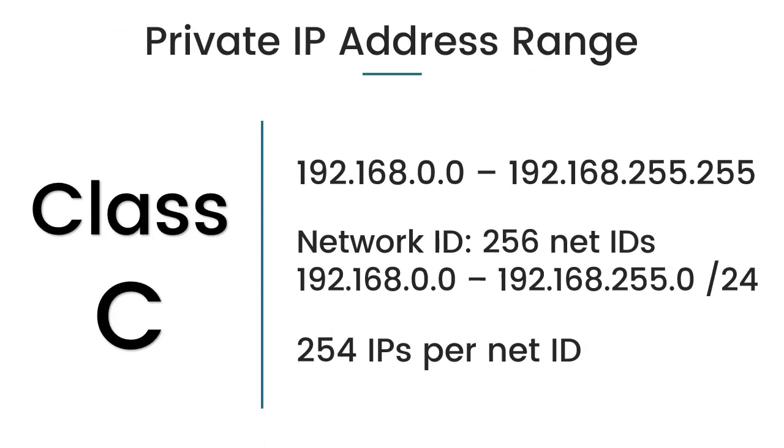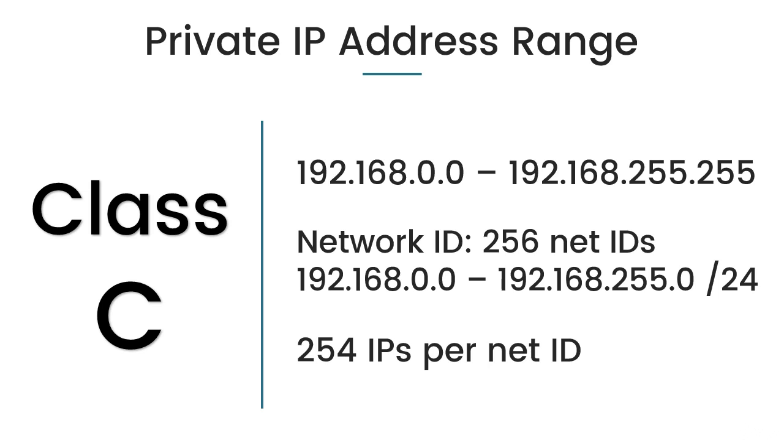The last private IP address range is the Class C range of 192.168.0.0 to 192.168.255.255. This is Class C, so the default prefix is /24.